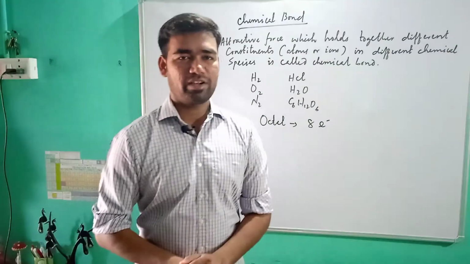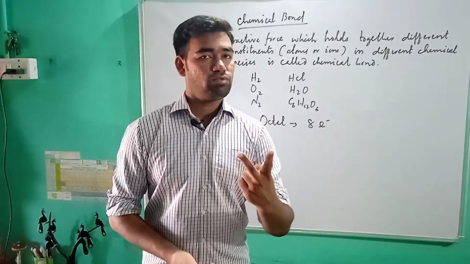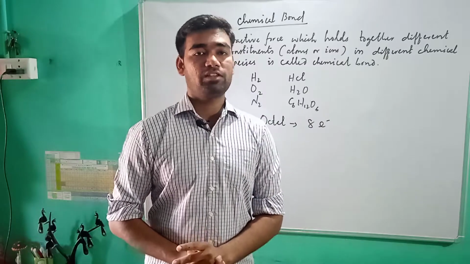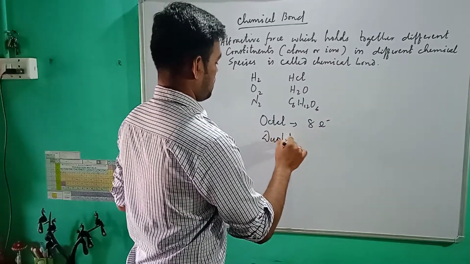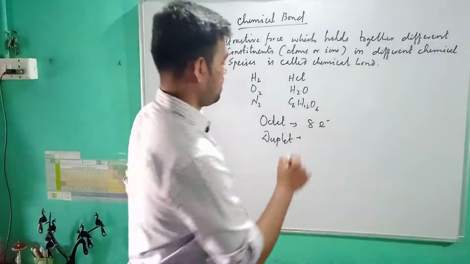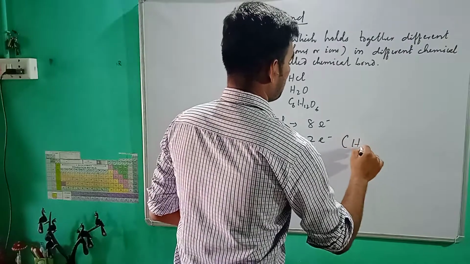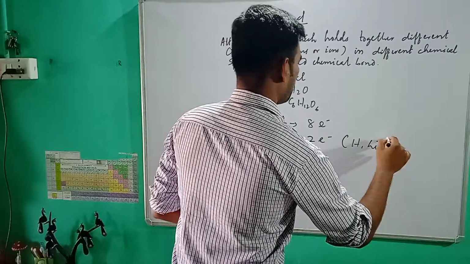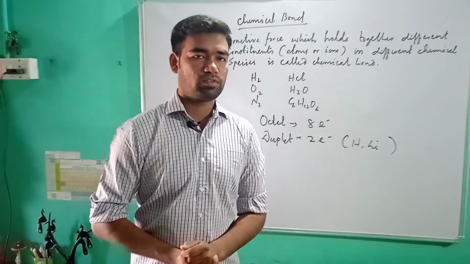Few elements in the periodic table, the first few elements, they have the tendency to form 2 electrons in their outermost shell. That is called duplet. Duplet means that is 2 electron configuration. For example, hydrogen, lithium, these lower members of the periodic table, they form duplet structure.